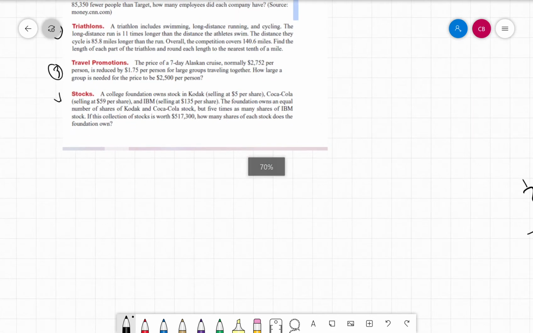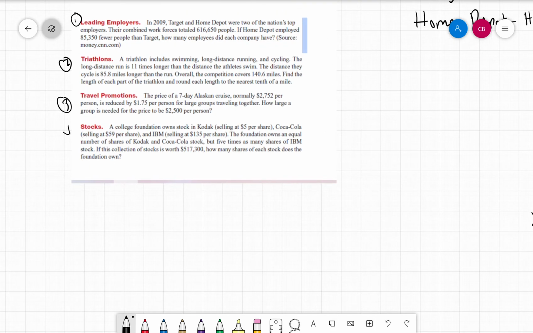Let's look at another one. A triathlon includes swimming, long distance running, and cycling. The long distance run is 11 times longer than the distance the athletes swim. The distance of the cycling is longer than the run. So okay, running, cycling, and swimming.